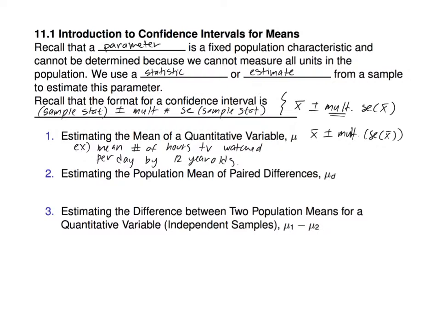So the notation here was D bar plus or minus some multiplier times the standard error of D bar. And the implied first step is you find the differences and then you average them. That is the order.